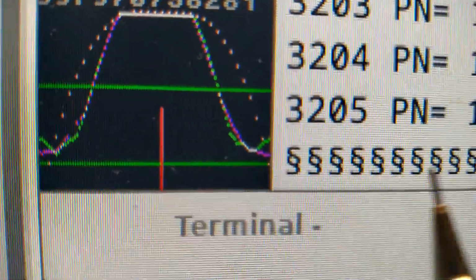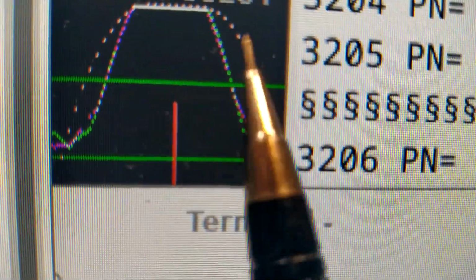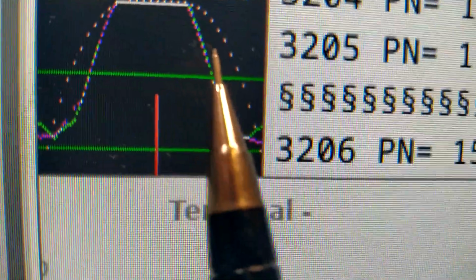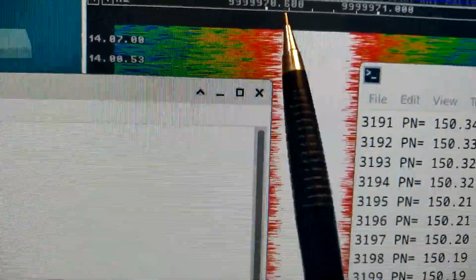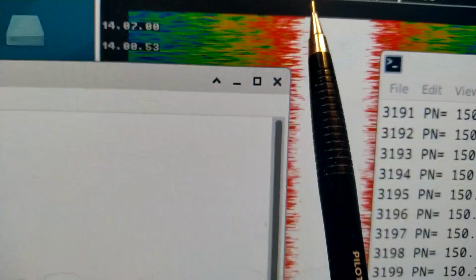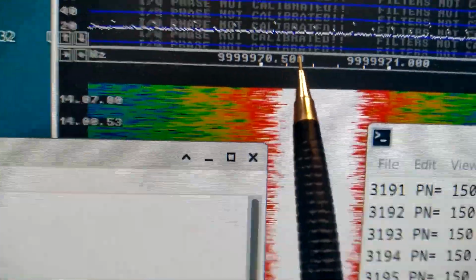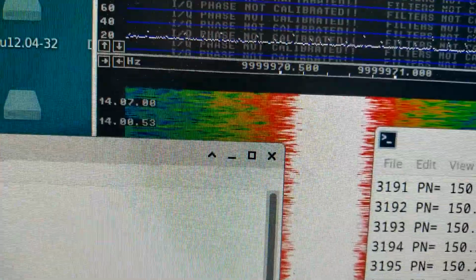It can be seen here. So the difference is really very small. You have the scale here, 0.1 hertz for one division.